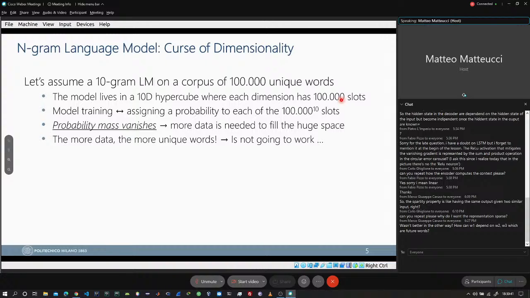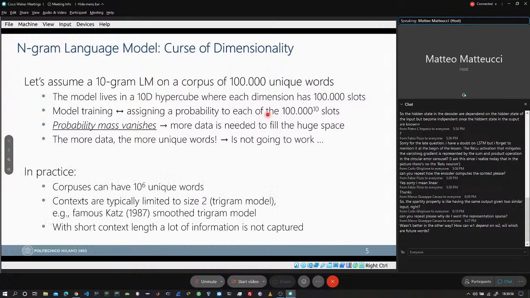Also, adding more data doesn't work, because the more data you add, the more unique words appear and the more this number explodes. So the n-gram language model was basically developed in the 80s for corpora.